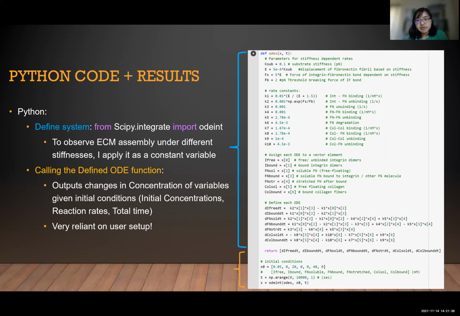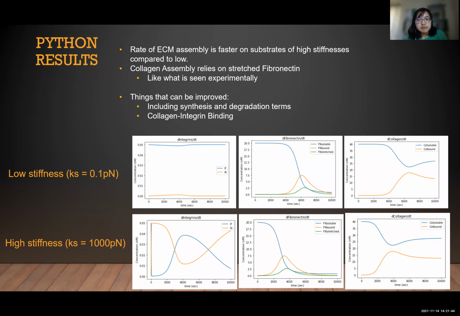It's very important to always double check your work while you're creating this function. But overall, as you can see, I modeled 2 different stiffnesses, 0.1 piconewtons and then 1,000 piconewtons. And this is based off of the 2 stiffnesses studied in the Weinberg and Lemmon paper that I referenced.